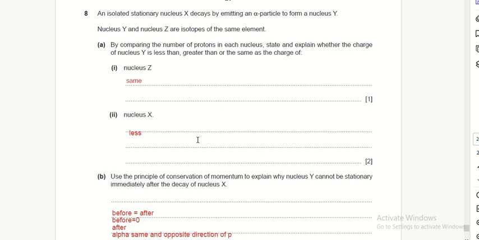With respect to charge, it decreases when we go from X to Y. Y is less than X.